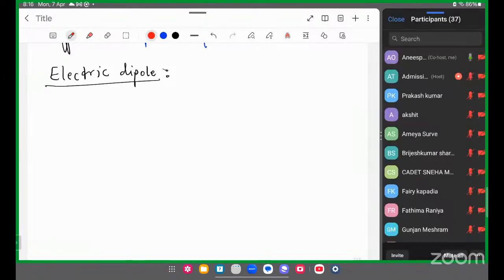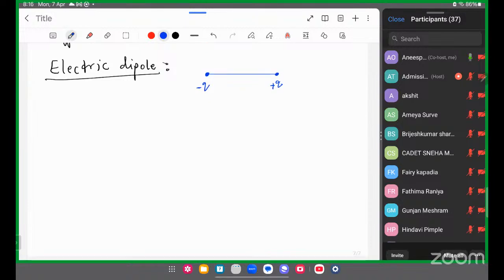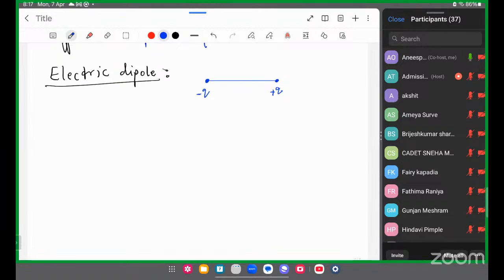Electric dipole is a system of charges with equal magnitude but opposite sign. This is plus, this is minus. So this arrangement is known as electric dipole. If we have two charges with the same magnitude but opposite sign and we place these two charges at a little distance, then the arrangement is known as electric dipole.